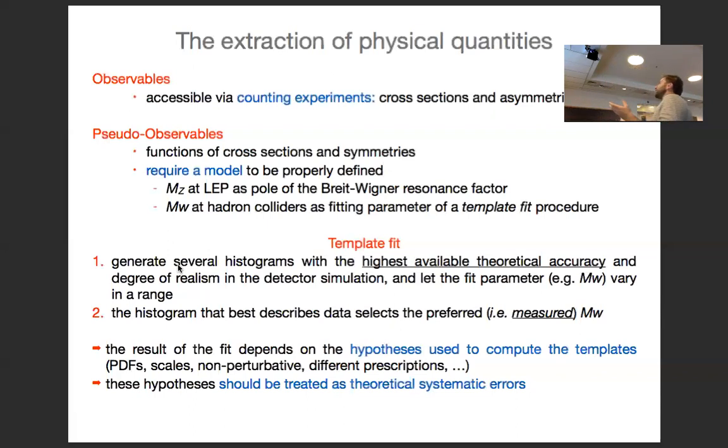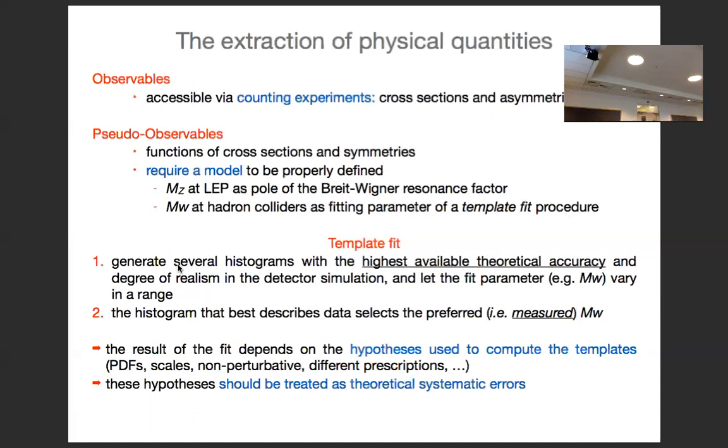So to measure MZ at LEP, you actually measured a Breit-Wigner resonance shape. So you have to provide templates for this Breit-Wigner resonance, and then put these templates on data. Same thing happens for MW. MW is measured as a fitting parameter of a template fit procedure. What is a template fit?